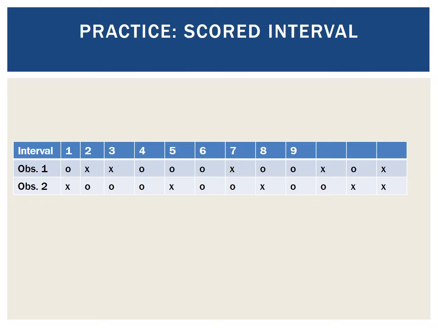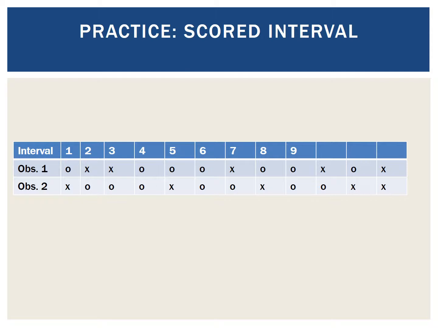So this method, I may have misspoken earlier, you would use if it's a low occurrence behavior. In other words, in this case, if I just put zeros for everything, I'm wearing a blindfold, I'm listening to Led Zeppelin music, and I'm just putting zeros for everything. Another person is observing and they see the behavior happening during 2 intervals, and then they have zeros for everything.